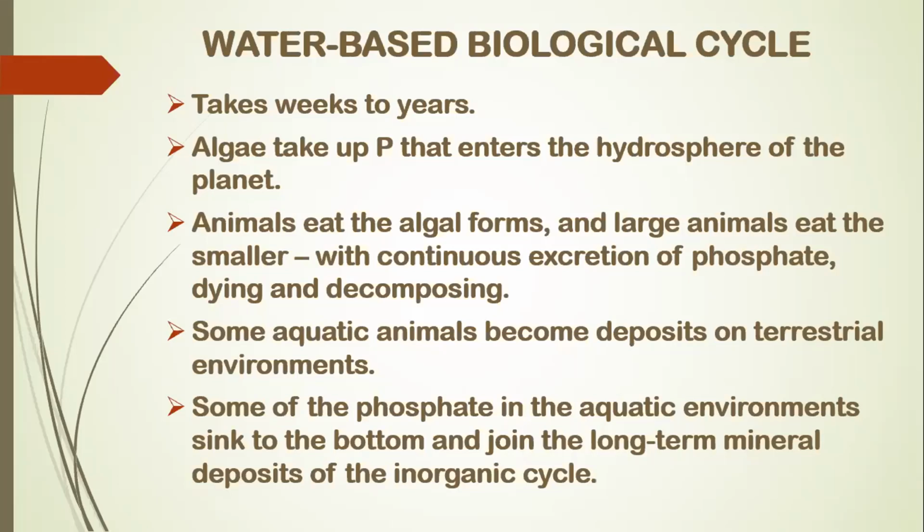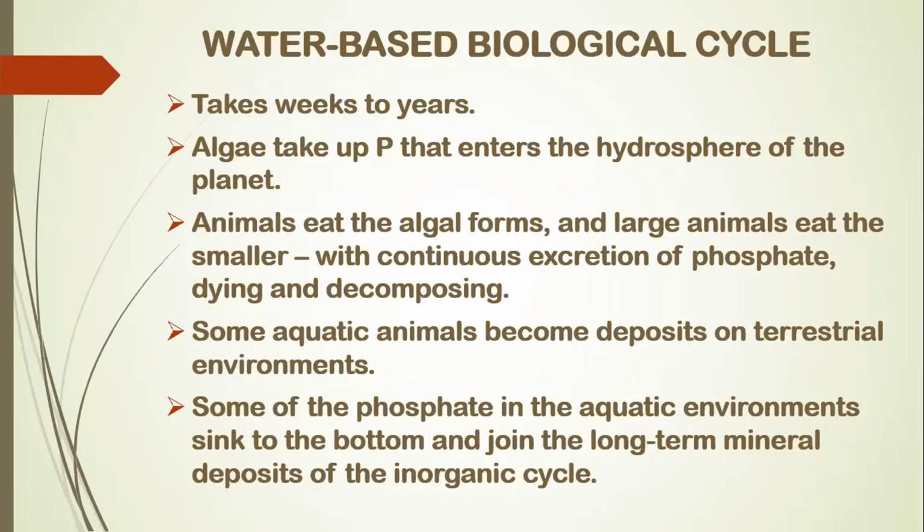And the inorganic cycle takes millions of years for the phosphorus to cycle. But you see here from the water-based biological cycle, phosphates are being mobilized. They're moving through the aquatic, animal, and plant world. And ultimately, a certain fraction of them end up being returned to that insoluble mineral fraction at the bottom of aquatic systems.